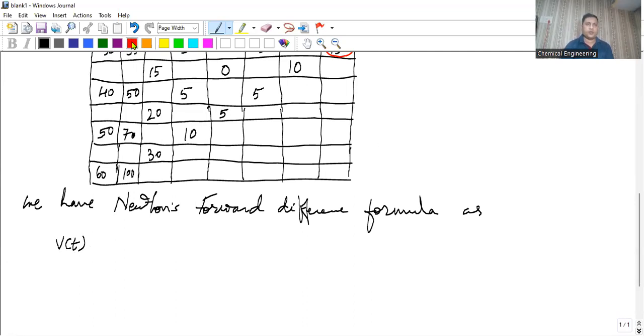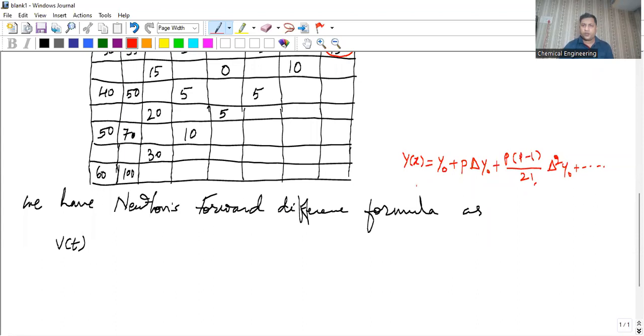I'll write the formula in y, and then you can understand how to relate it. We know y at x is equal to the forward difference y0 plus p times delta y0, then p into p minus 1 by 2 factorial delta square y0, and so on.